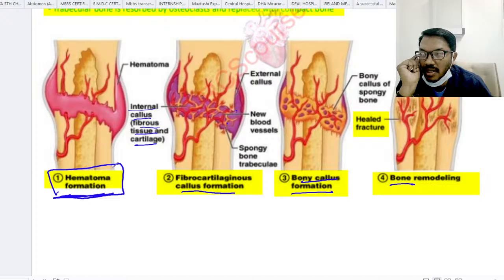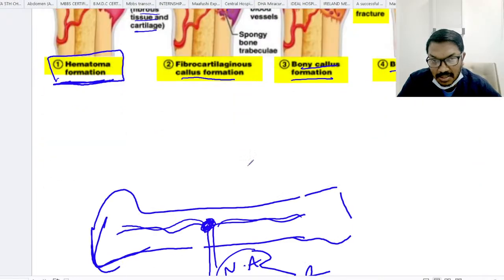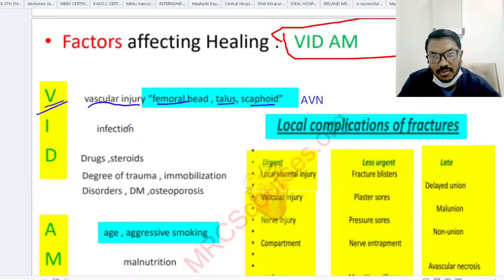First the hematoma has to be formed, then there will be callus formation of fibrocartilaginous callus, and the content will come from the blood vessel. So if there is blood supply, then it is sure the bone will heal, because healing components or materials are present in the blood. But if there is no blood supply, then no chance, no hope. That's why the first affecting factor is vascular injury.